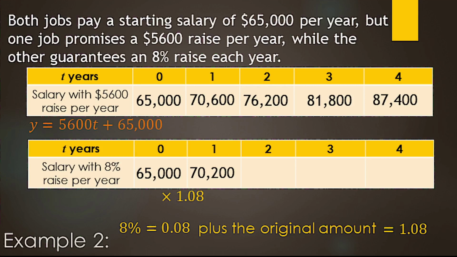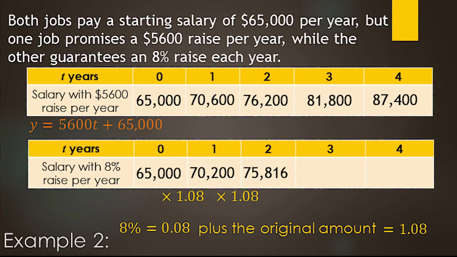Okay, now again, he finishes that year. Now he gets another 8% raise. So we have the original $70,200 there, plus the 8% raise. So calculator time, right? There we go. $75,816. After that year, now he's moving on.